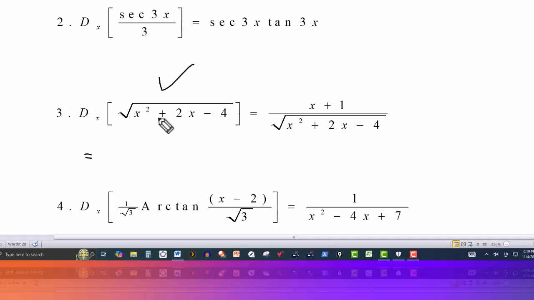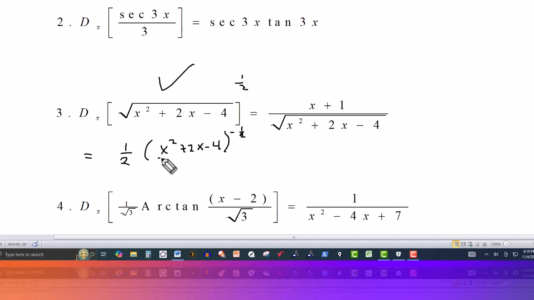So this is x squared plus 2x minus 4 here. So think of that to the 1/2 power instead of the radical. So I got a 1/2 here. So again, bring the 1/2 out in front. And then I have x squared plus 2x minus 4. And then I subtract 1 from the 1/2, and I get a negative 1/2.